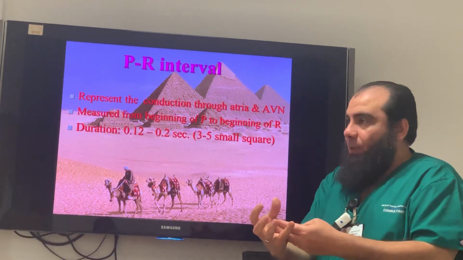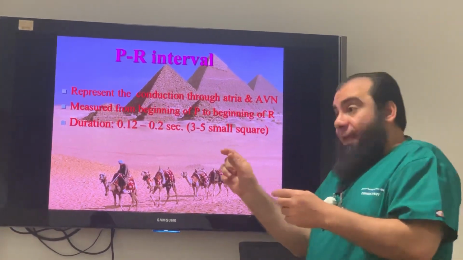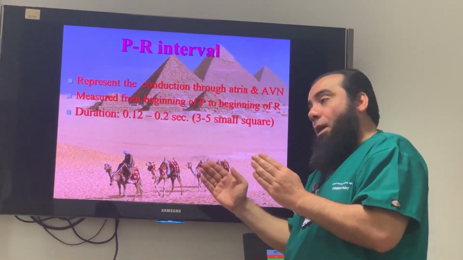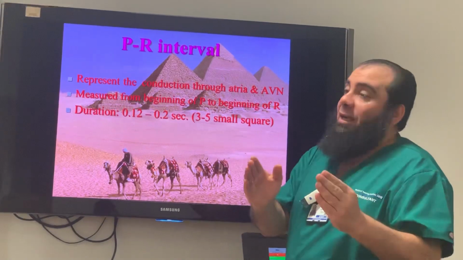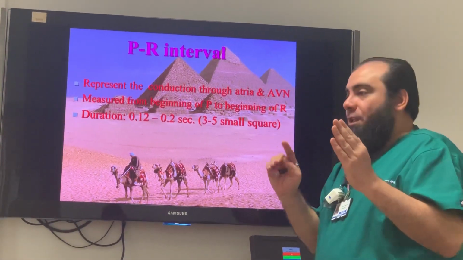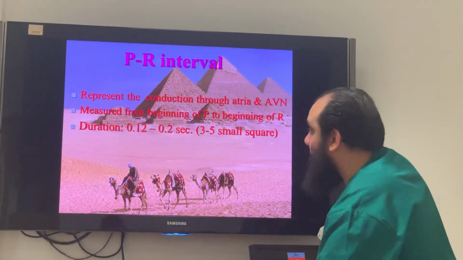Is that all right? So normally you have some delay, which is the end of P to the start of R. And the P wave is the atrial activity itself. So if we speak about the PR interval, not segment, the interval is the beginning of P to the beginning of R.